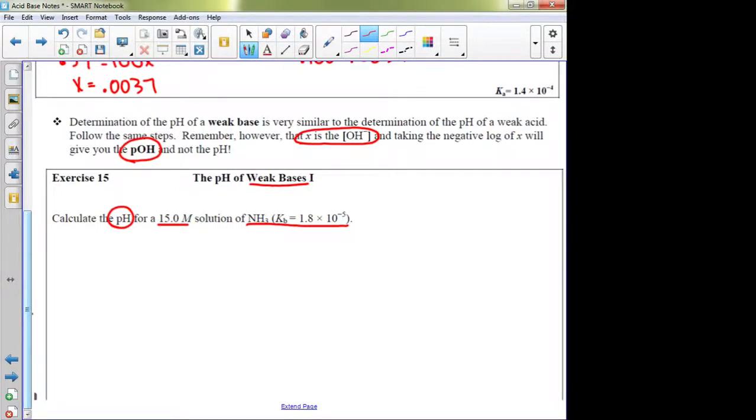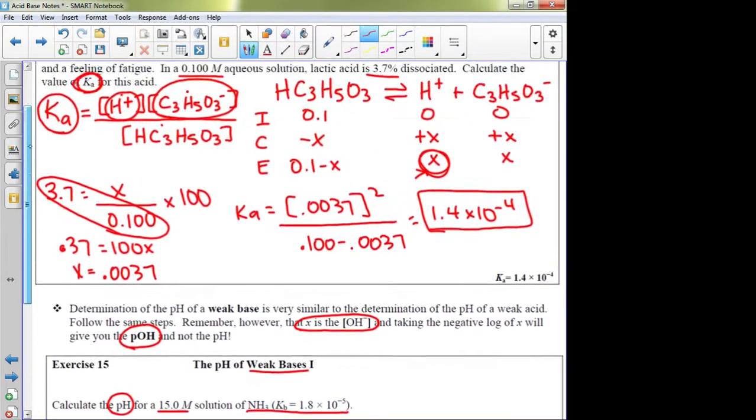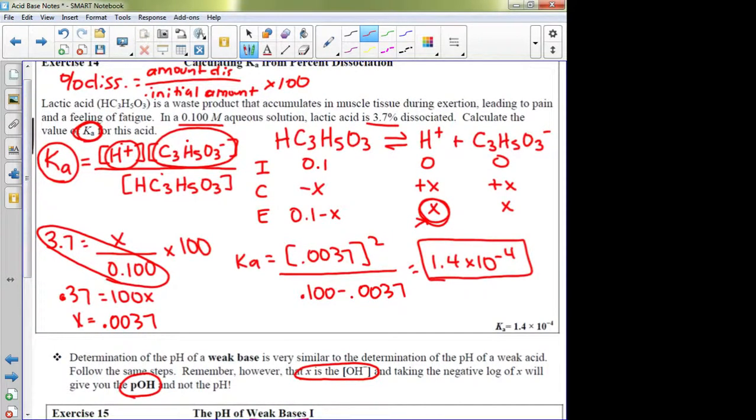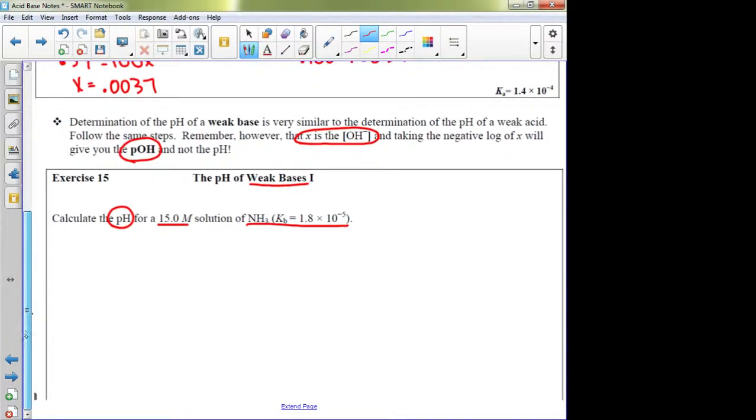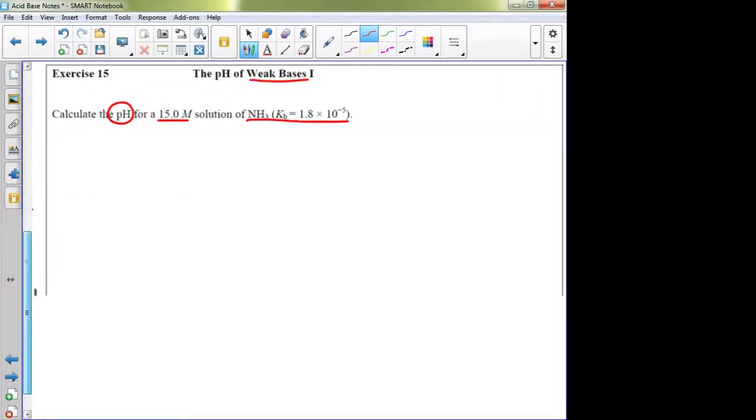Okay. Now, notice, I'll show you this right quick. When we show acids dissociating, we always take out who? Water. I did not include water in this equation, did I? I did not include plus H2O. When you are working with bases, you want to include your water, and I'll show you why.